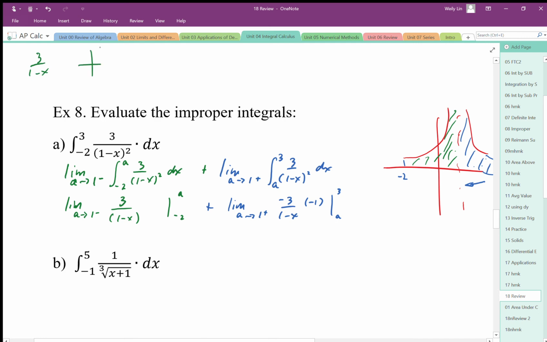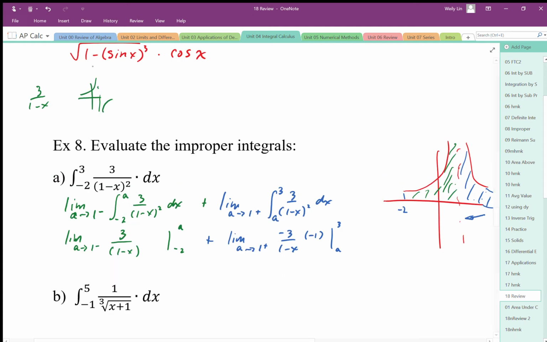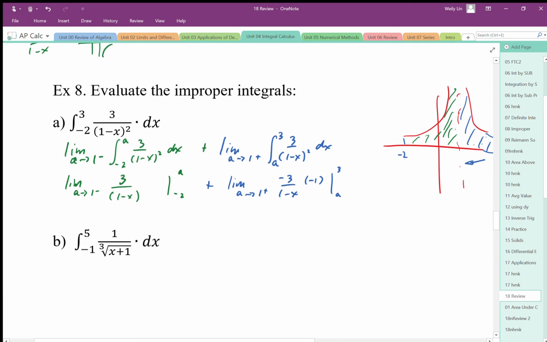If I look at this graph, it's a horizontally flipped graph that looks like this, and it's approaching my asymptote. It's going to look like that. So as I approach 1 from this side, it's going up to positive infinity. As I plug in 1 in here, I'm going to end up with positive infinity minus, and I'm going to plug in the 2 into here, minus 3 divided by 3 is 1. So that's the area underneath the green part. It's infinite.